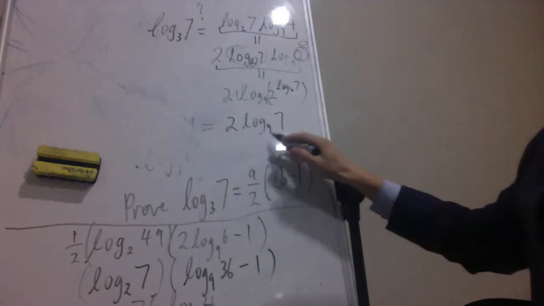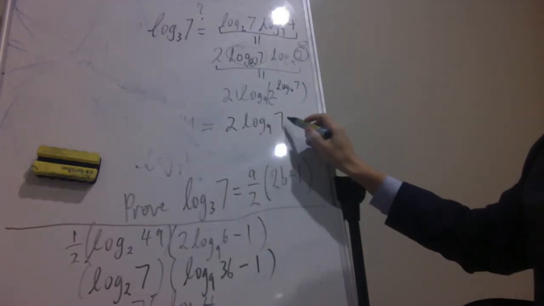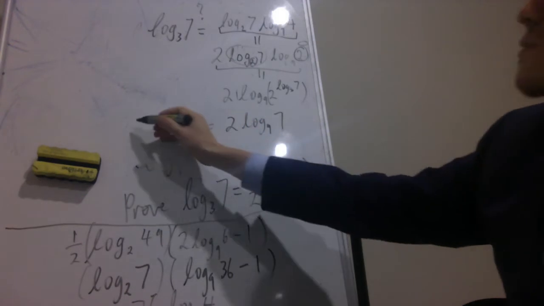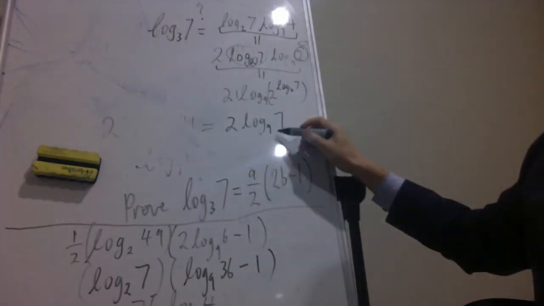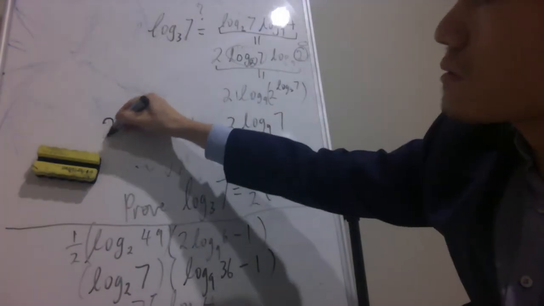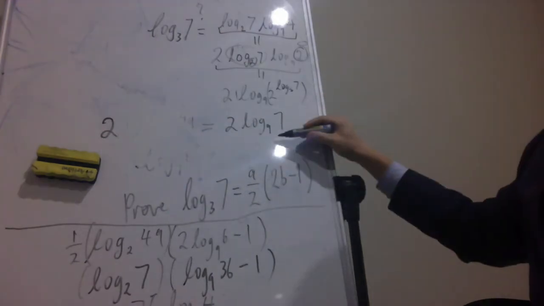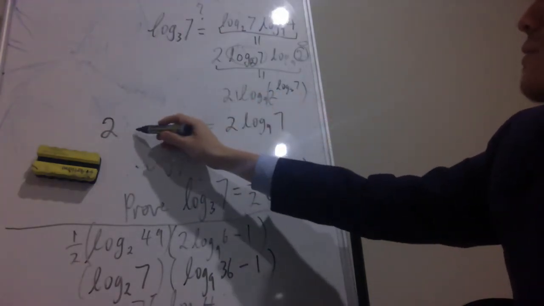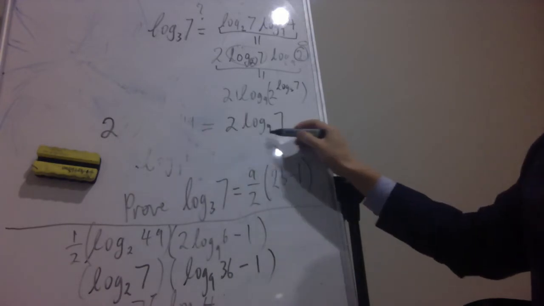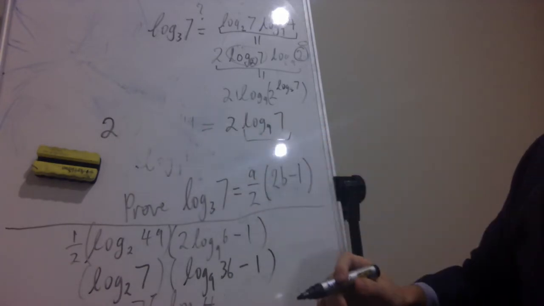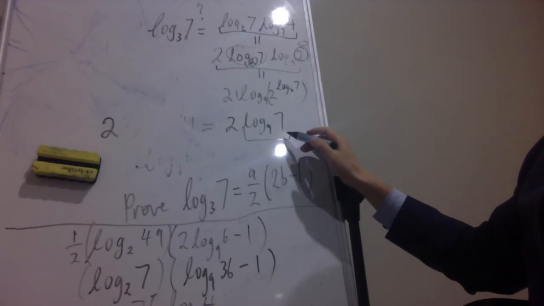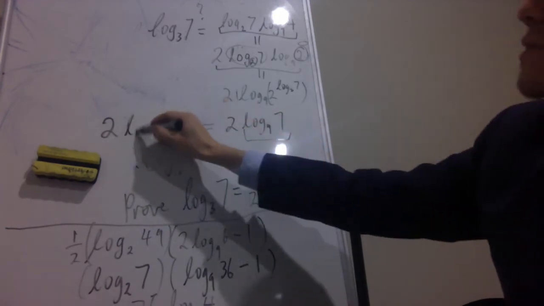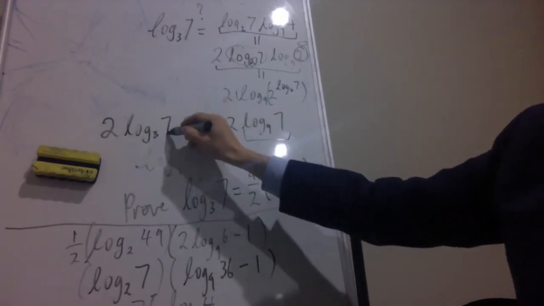Yeah, so can you apply the change of base to this log 9 and 7? So you get 2 times. Hold it. 2 times. So how do you change the base here? Oh. You want to change it to 3, right? So you want log base 3 of 7, yeah? Yeah.